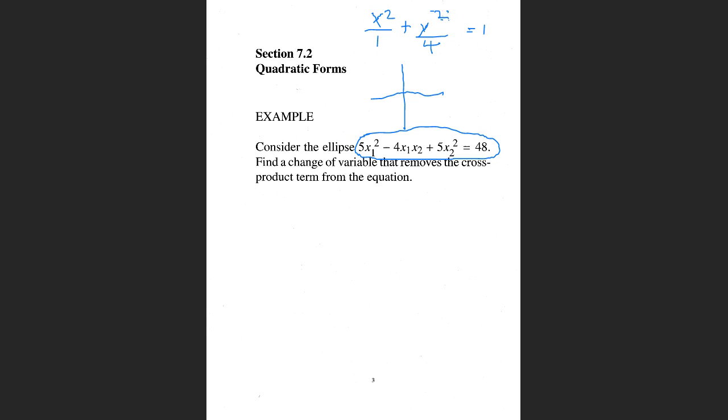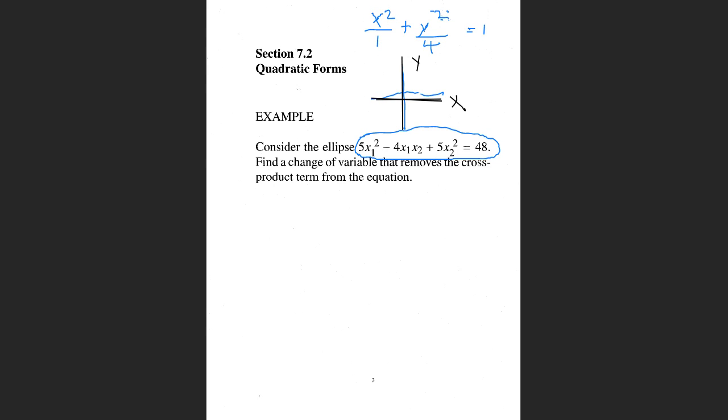Let me maybe use black here. Hold on. Okay. So we have x, we have y, and maybe I can get rid of this here.